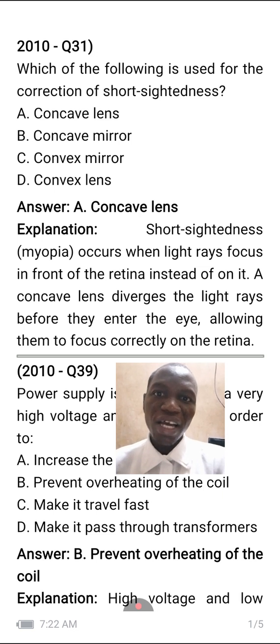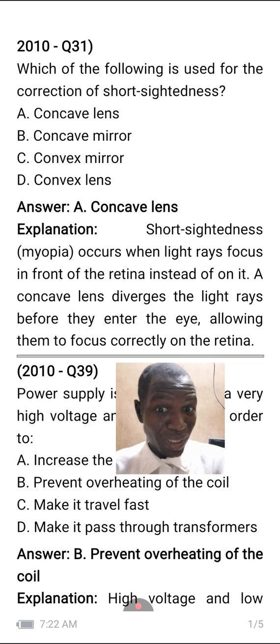So we have concave lens, concave mirror, convex mirror, convex lens. So in the first place, are we talking about mirror here? Never. Do you now see how you filter out your answers to get to the right one? It's just as simple as that. Once you are smart, you can filter down to know that this one can never be part of the options.